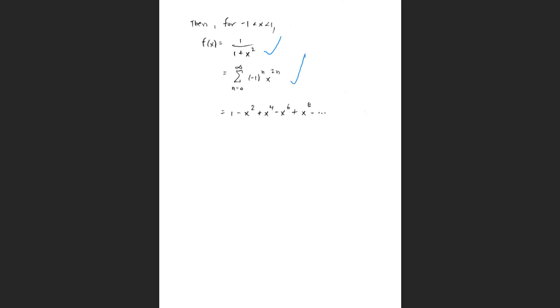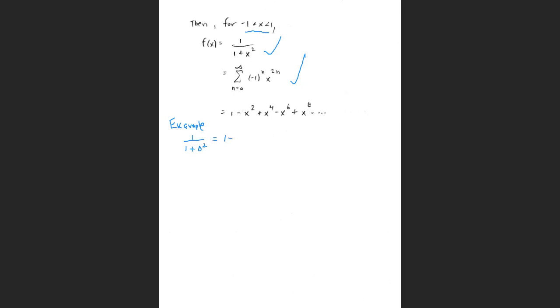Now remember that it's only good over the interval of convergence. So let me just make a note here. Let's say you have 1 divided by 1 plus 0 squared.